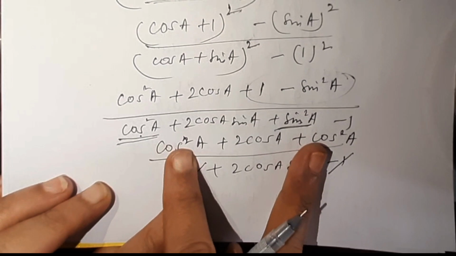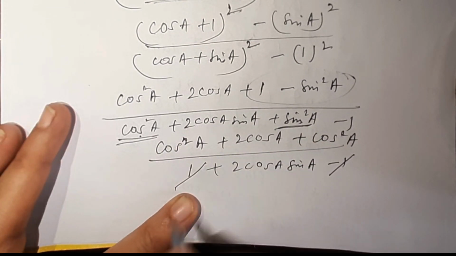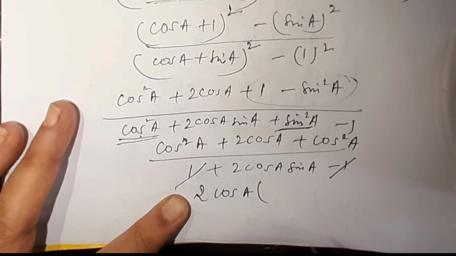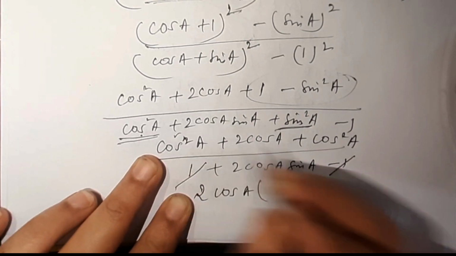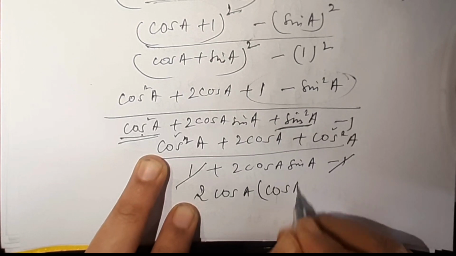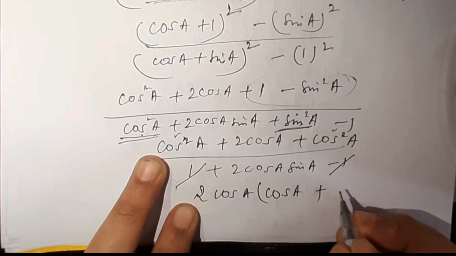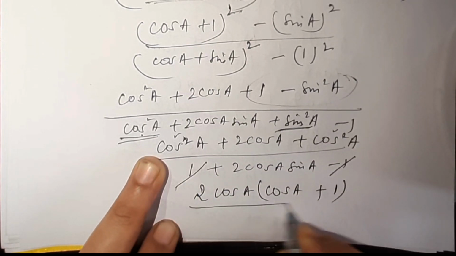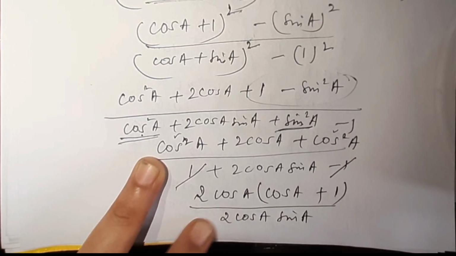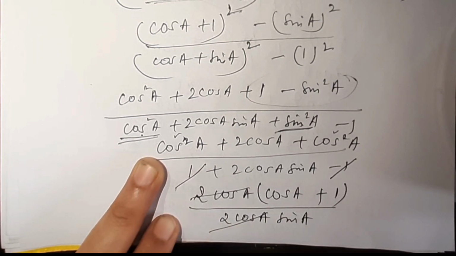Now here 2 times cos a is there and 2 cos a. We can take 2 cos a common. So as 2 times cos square was there, we have taken 1 cos common. So 1 cos a, and here the whole term is taken, so it's 1, divided by 2 cos a sin a. So this 2 cos a will get cancelled.